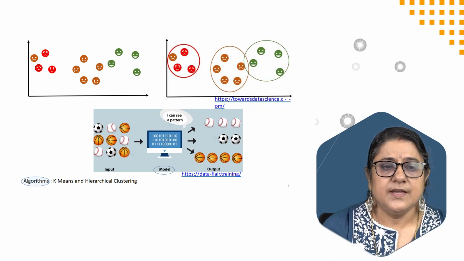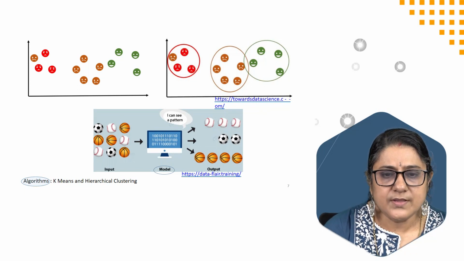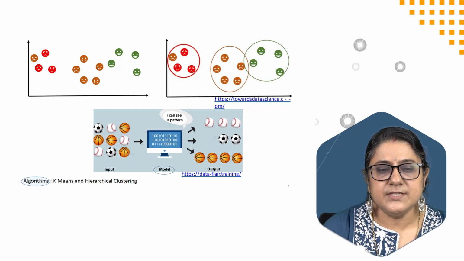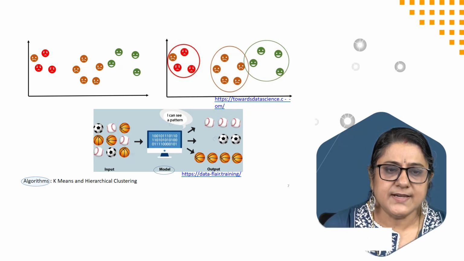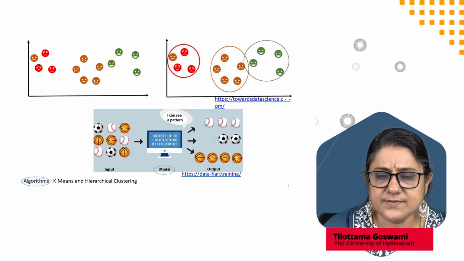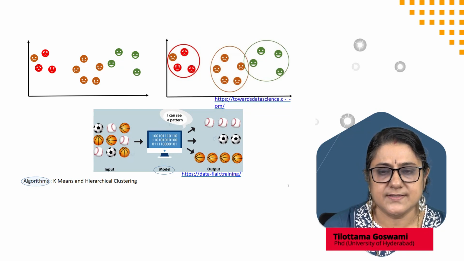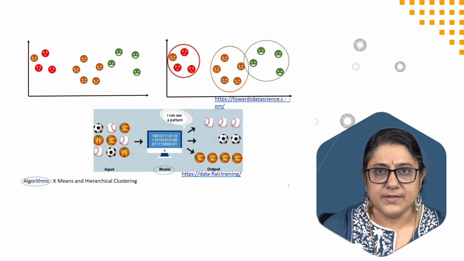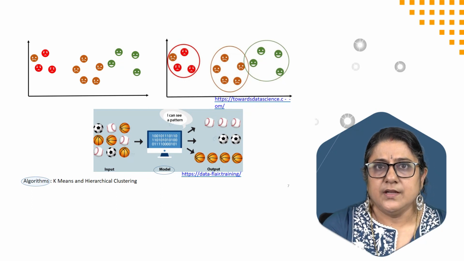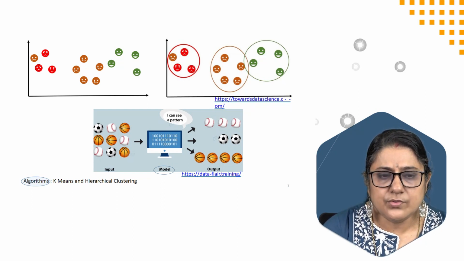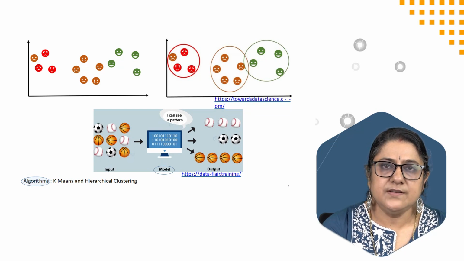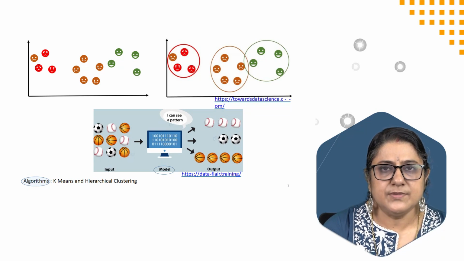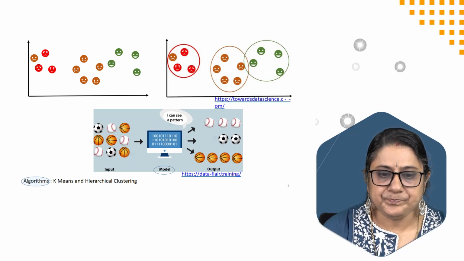In this clustering, in the first case, on the left hand side, if all the circles are black in color, then depending on the distance measure, we can say that the left hand side is one cluster, the right hand side is one cluster, and the center is another cluster, and we can color them red, brown and green. Initially we don't know whether the leftmost is in cluster 1, 2 or 3. The algorithm, using the distance measure, tries to form a group.